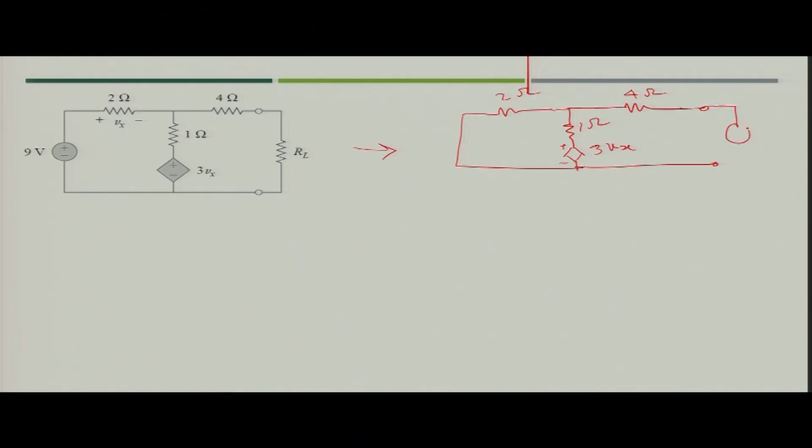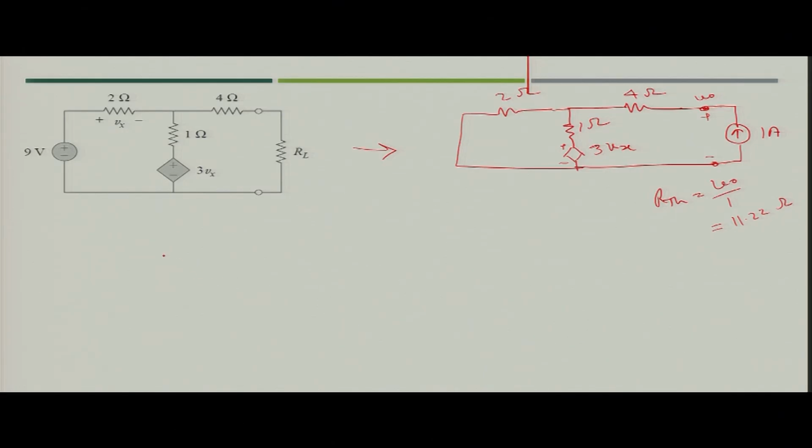So, what you will do is apply a 1 ampere current source across the terminal, and find out the value of V naught across the terminals, and the value of R T H would be V naught divided by 1 ampere. So, just solve it, and when you solve, you will get the value of R T H as 11.22 ohm.